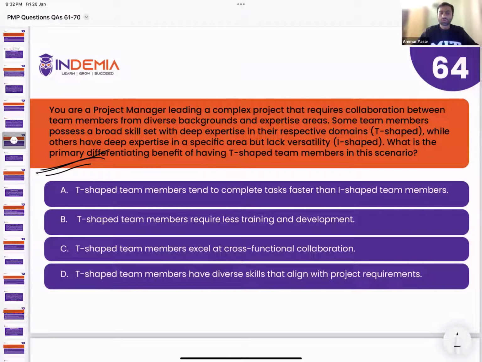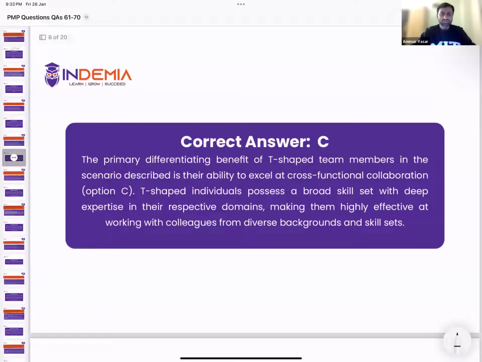Depth of skill set is required to get the work done, and breadth of skill set is required for cross-functional collaboration. So yes, C is the correct answer. Read the explanation, then we'll move to the next question. All right, next question.